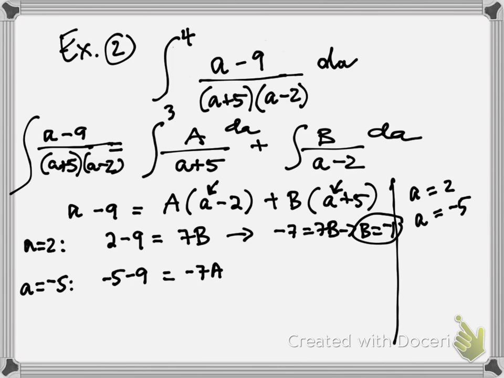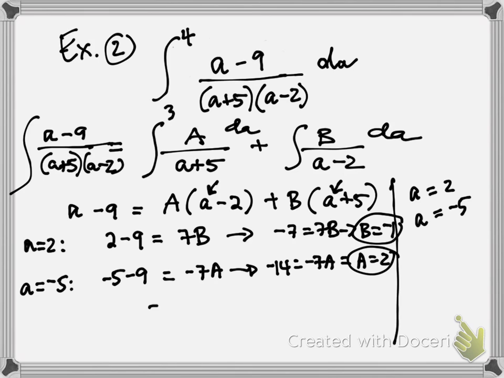Okay, so this becomes negative 14 equals negative 7a, and so our a is positive 2. So again, we follow the same procedure.